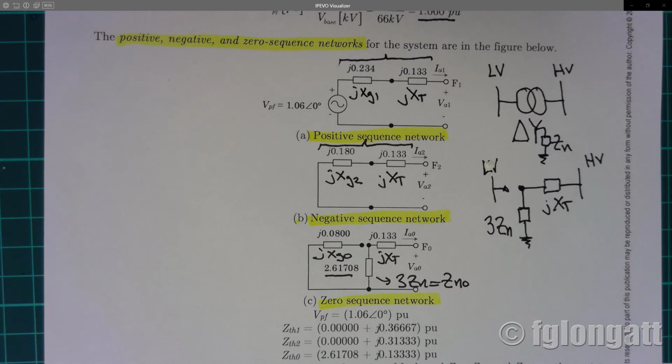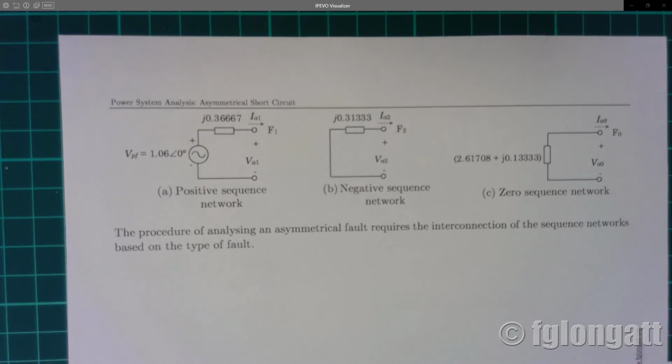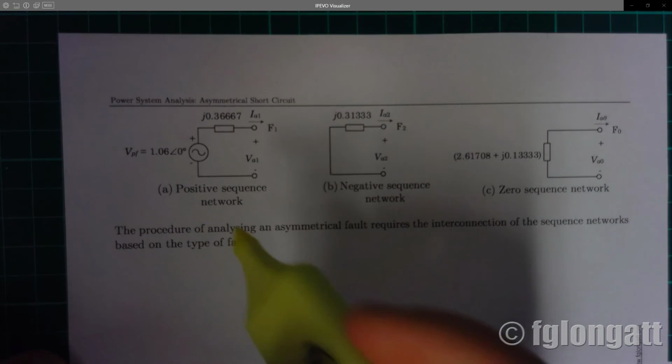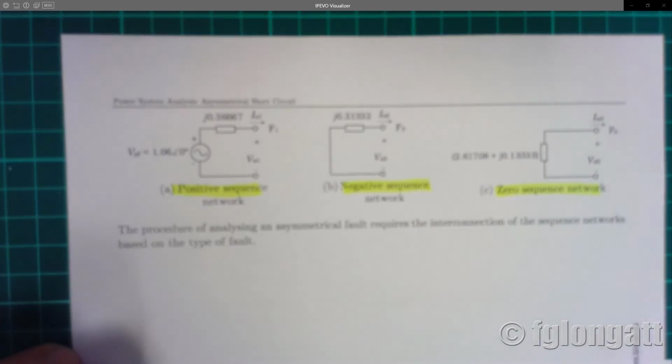Well, this is a very important step forward because now we have the three very important sequence models, okay? We have the positive sequence, we have the negative sequence, and the zero sequence network.